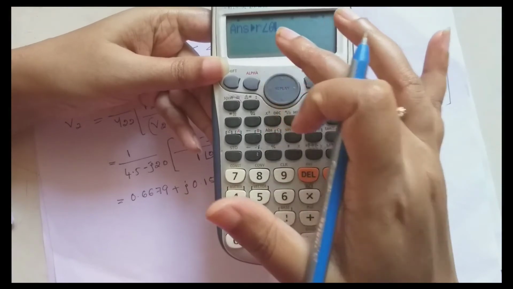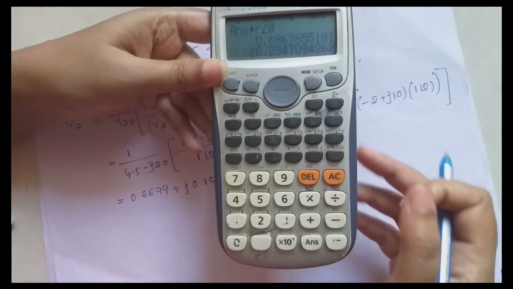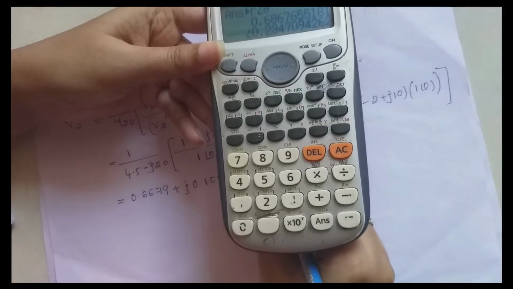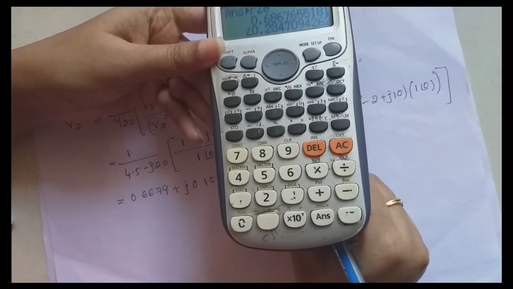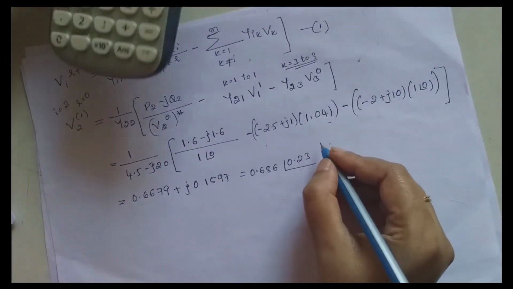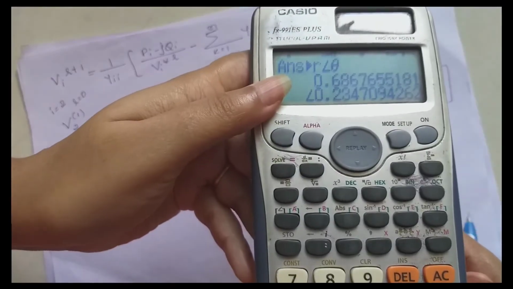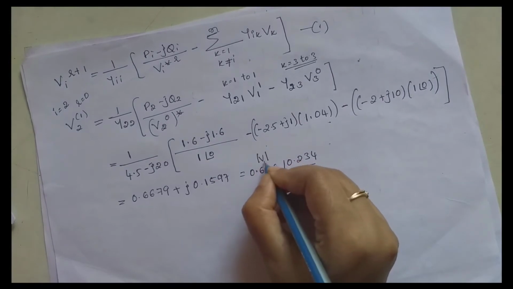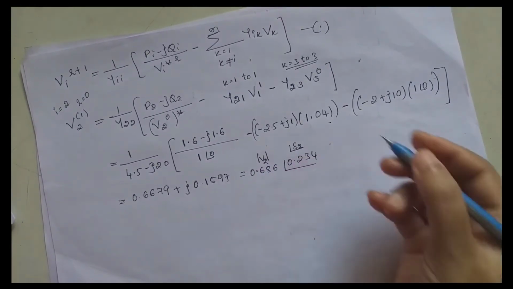If you convert it into polar form, we get 0.686 at an angle 0.234. This is the voltage magnitude V2 and this is delta 2.